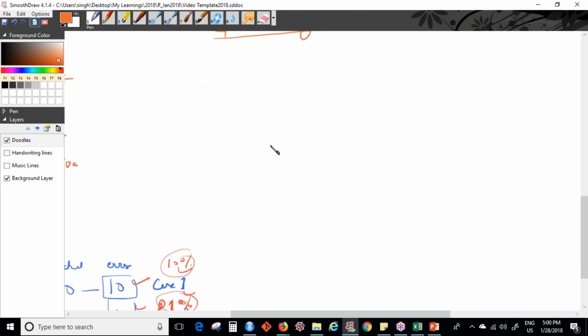Okay, now let's study R square in detail. Let's see how R square is calculated. There is a formula for R square. The formula is 1 minus SSE, you already know what SSE is, divided by TSS.